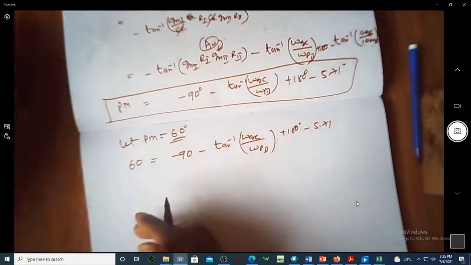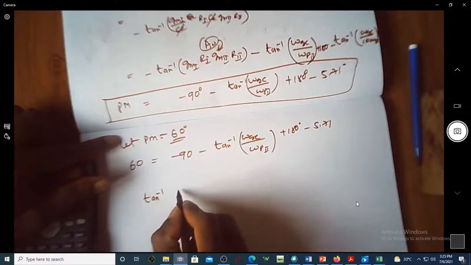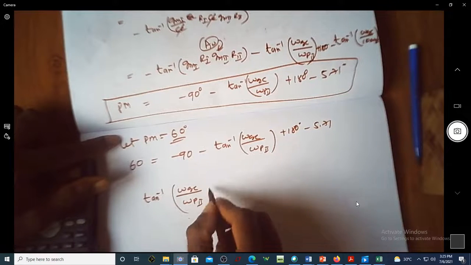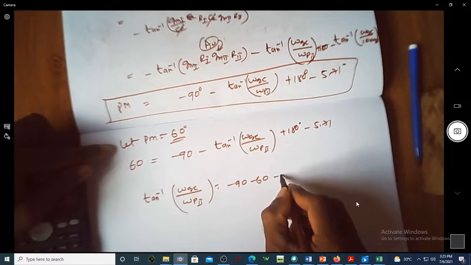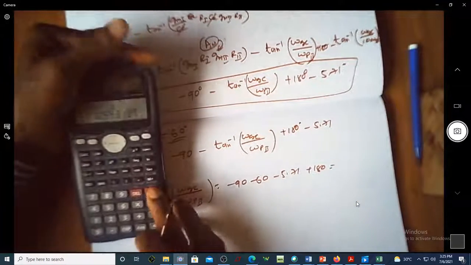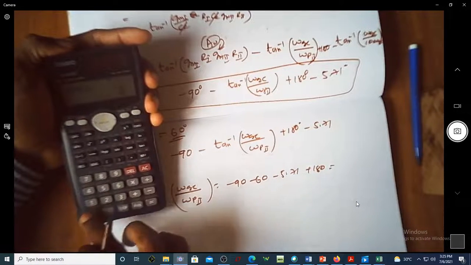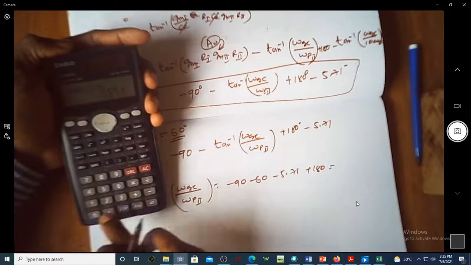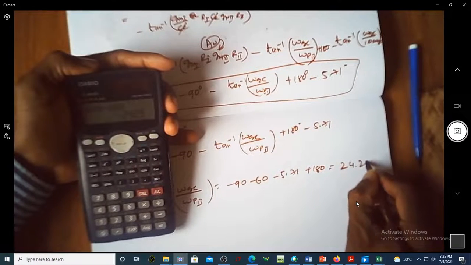If you simplify this, then tan inverse of omega gc by omega p2 is equal to 90 plus 60 plus 5.71 minus 180. So it is 24.29 degrees.